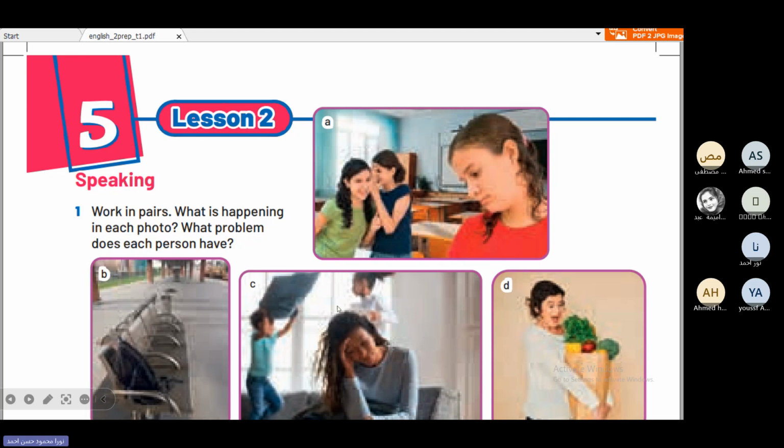Yes, it's a mom and her children. She looks tired. Yes, and her children are making noise. What about D? Yeah, the woman is carrying a very heavy bag. It's full of groceries, right? So maybe she can't carry all these heavy bags. Okay.